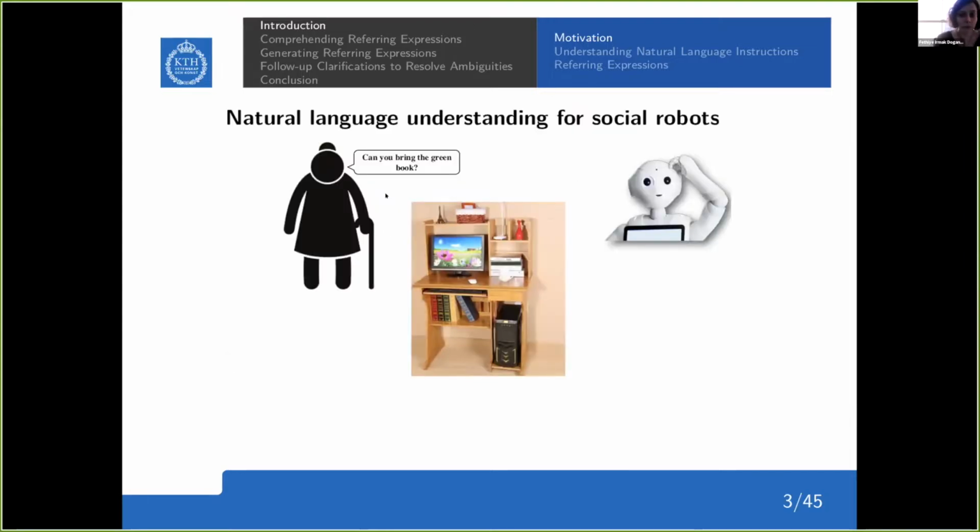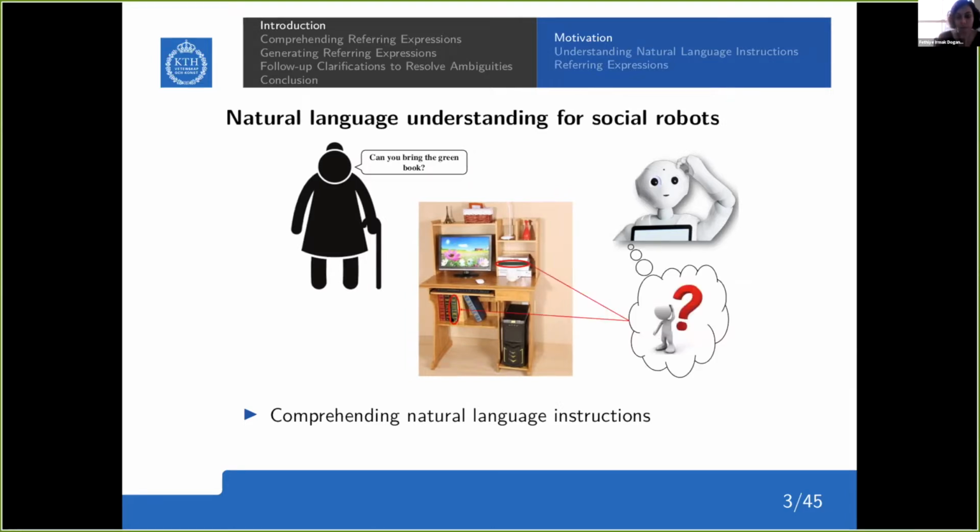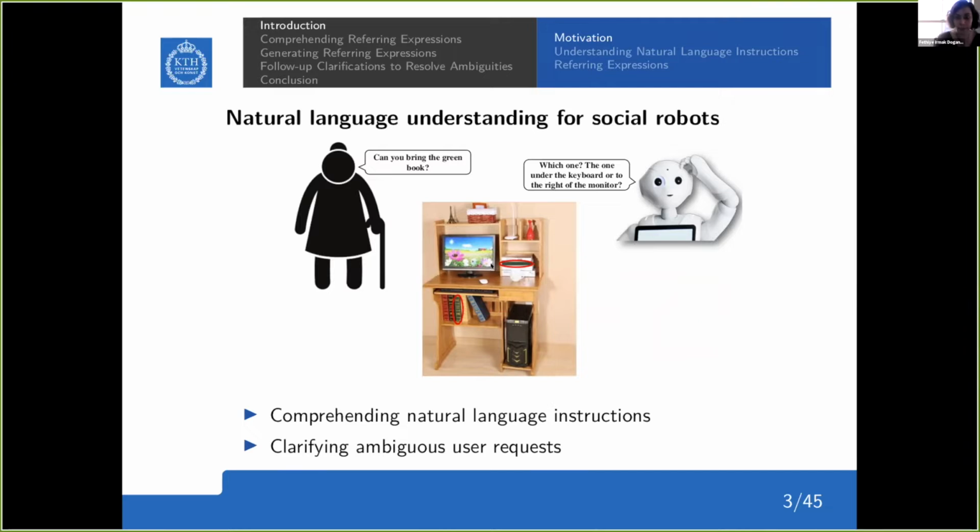Let's assume that we have a user located in this area and asking a robot to bring the green book. What should the robot do? Firstly, it needs to identify that it needs to look for a book which is green. And whenever there are more than one object fitting the description, as you see in here, there are two green books, it needs to find an efficient way to ask for clarifications to disambiguate the described object.